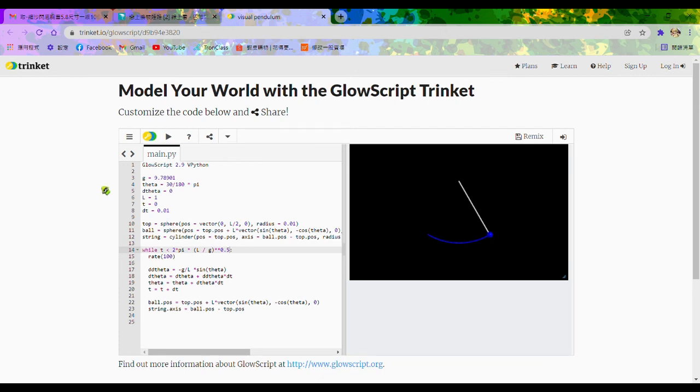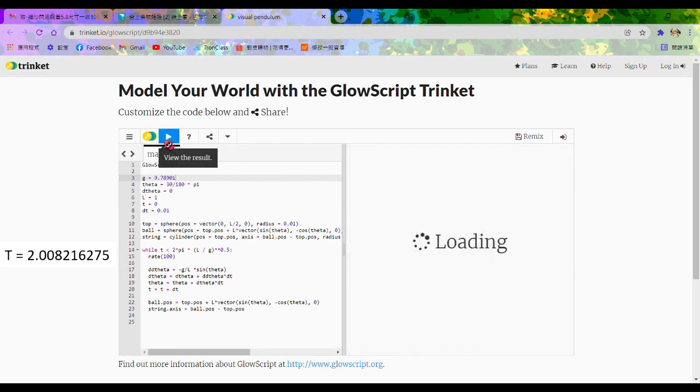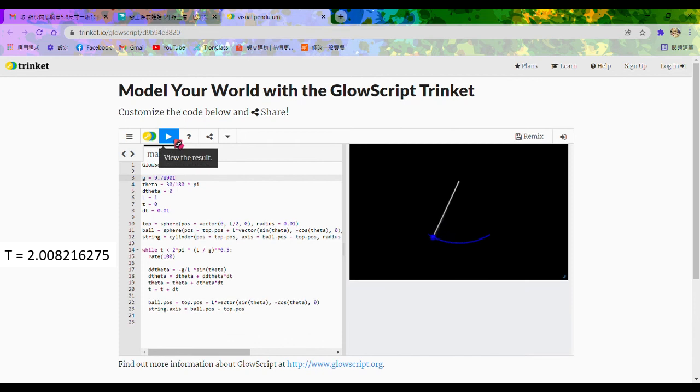And now we're going to substitute different constants of gravity from several places. The first place is Taiwan. The second place is at the equator.